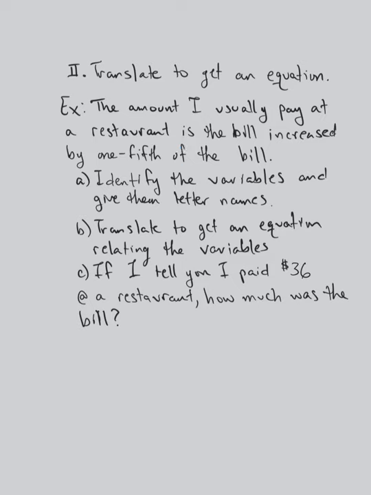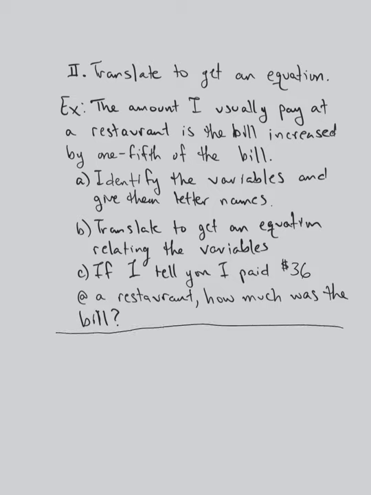And so what we're going to do is identify the variables and give them letter names. And then we're going to translate to get an equation relating the variables. And then we're going to actually answer a question that's going to require solving. If I tell you I paid $36 at a restaurant, how much was the bill? And so we just take it one step at a time.